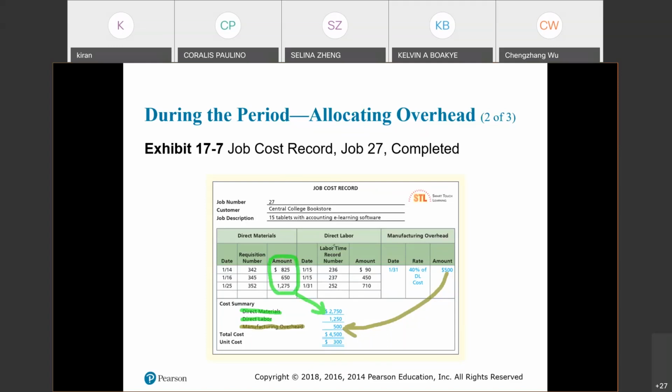For the labor, the total cost of direct labor, $1,250, comes from here, the total of these three cards of direct labor. So this is the summary of the job cost records.